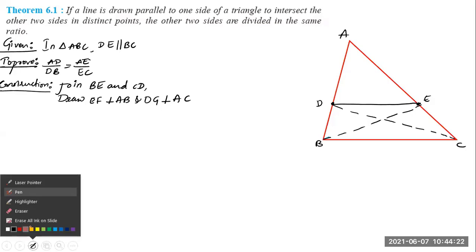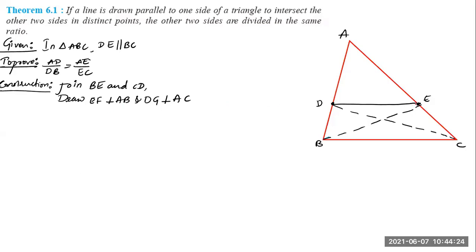So from the point E, we draw EF perpendicular to side AB, and DG perpendicular to side AC. Is the construction clear?